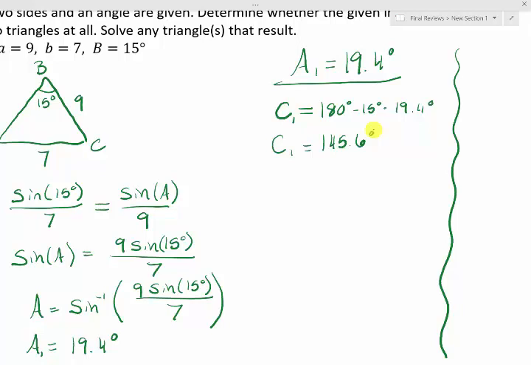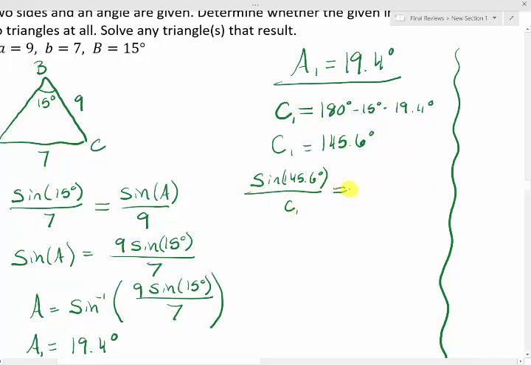So I'm going to have to use my law of sines, because if we start with one law, we want to continue to use that law throughout the rest of the problem, or else we might run into errors. So I'm going to have the sine of 145.6 degrees over side C sub 1.